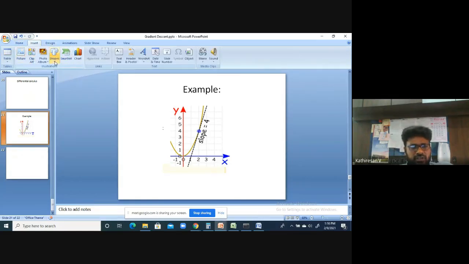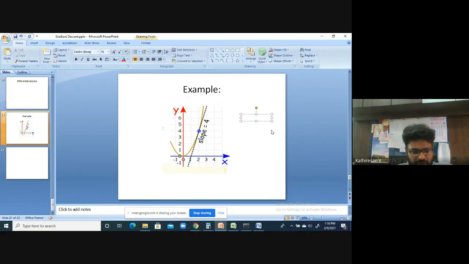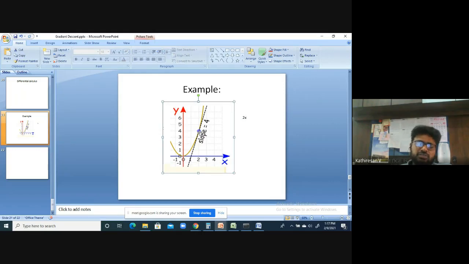What will be the differential calculus, or differentiation, of x square? 2x, right? Yes, 2x. Say for example, here if you substitute 2, you need to find the slope. The x value is 2 here, so 2 into 2, 4, the slope is 4.